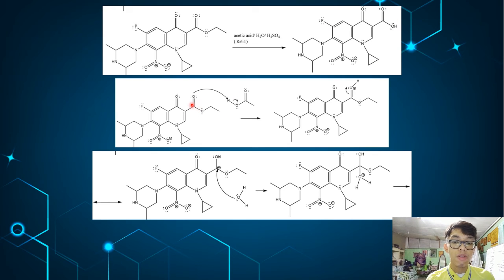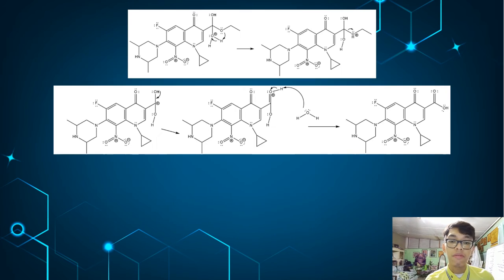So the mechanism goes wherein the lone pairs of the double bonded oxygen react with the protonated acetic acid, that would lead to a formal positive charge on the oxygen, and then a water molecule adds once the positive charge has been stabilized, giving us this intermediate.